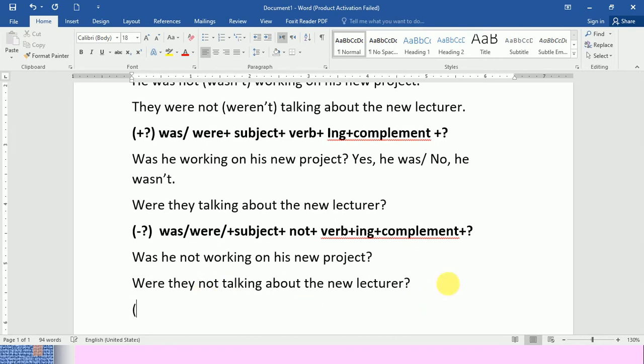Now let's talk about the informal. For informal, we say was, were, plus not, plus subject, plus verb ing, and plus complement, and plus question mark.